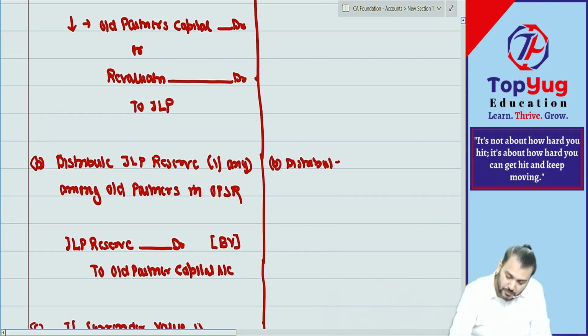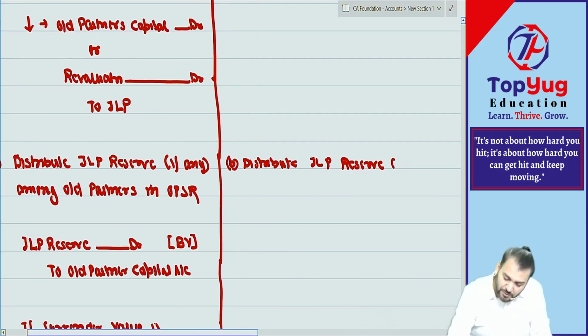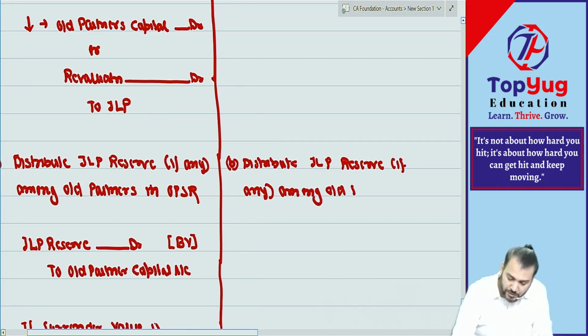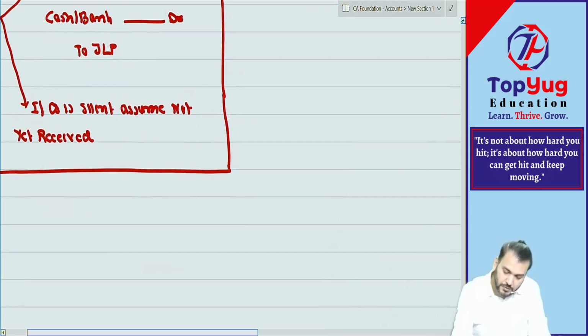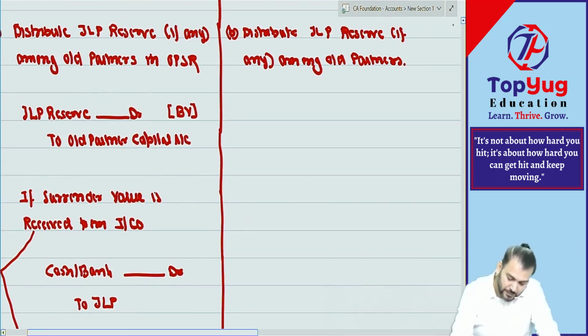Distribute JLP reserve. Yes, this will come only in the third situation. JLP reserve, if any, among which partners? Among old partners. Then last point will be what?